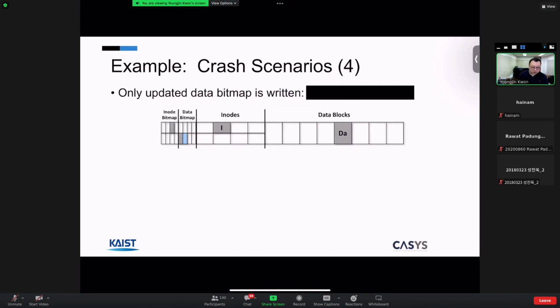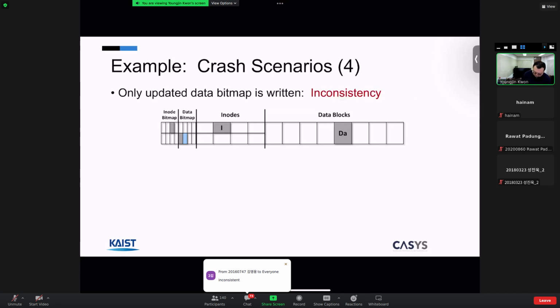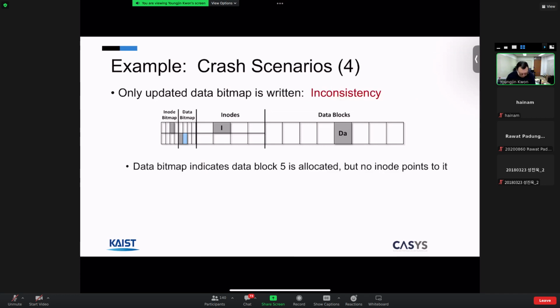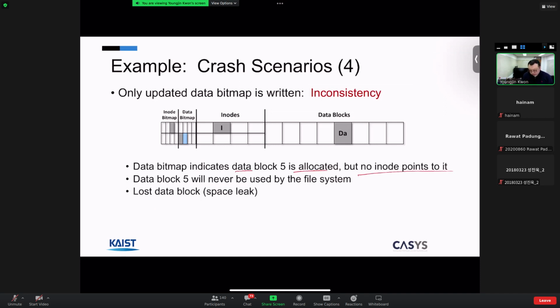Third case, the data bitmap is written. Okay or inconsistent? Inconsistent. The data bitmap indicates data block 5 is allocated, but no inode points to it.